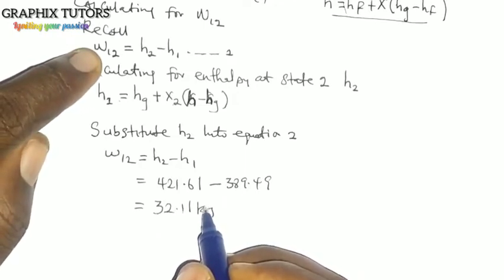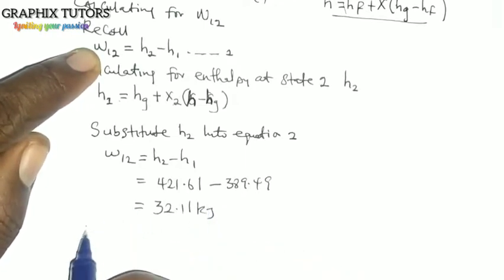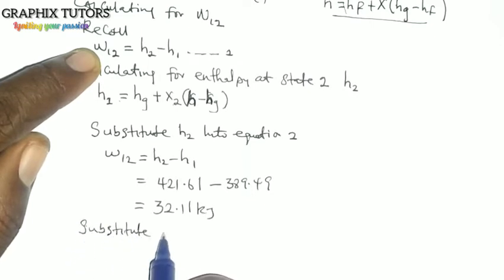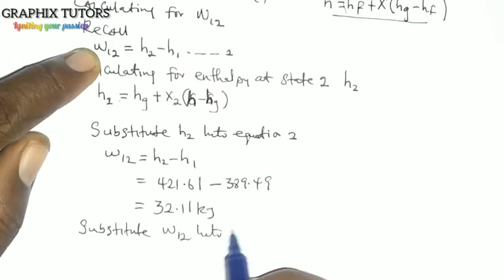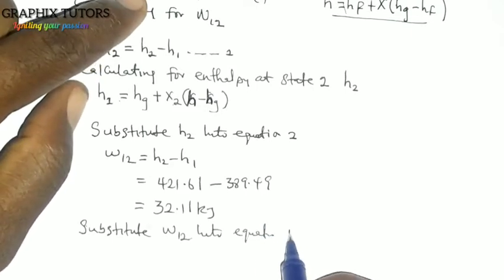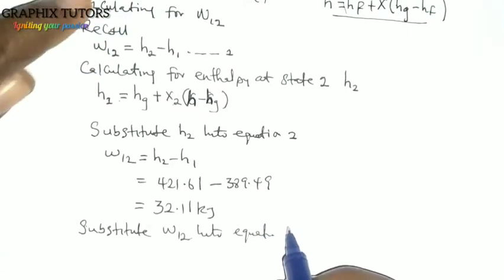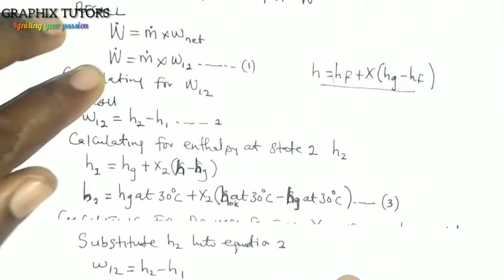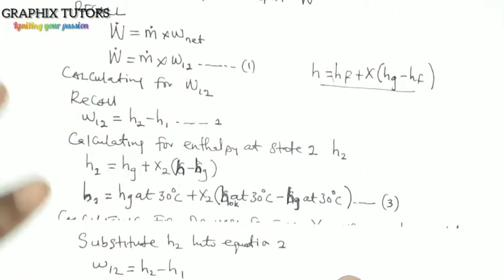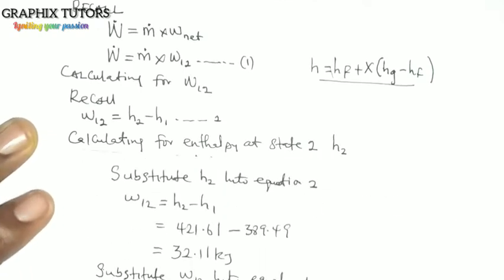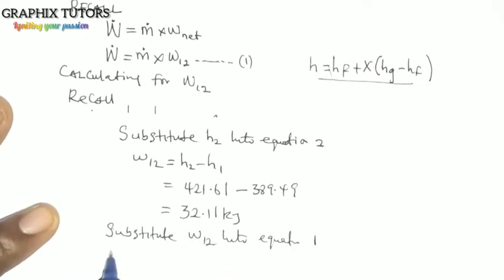So you now substitute this W12 into equation 1. We're moving up, so this is my equation 1 here. My work rate will give me the mass flow rate times W12.